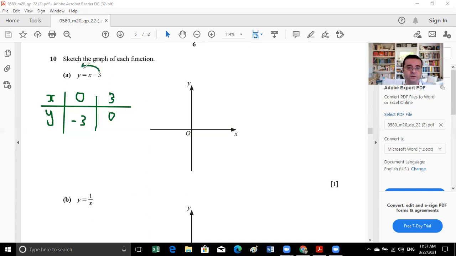You move it, you get 3. Are you with me? Good. Now I take 0, -3, and 3, 0.